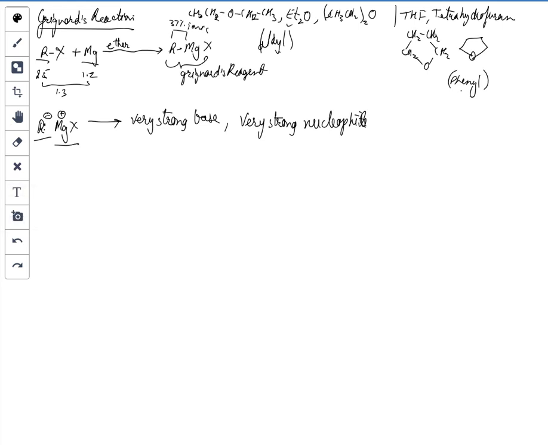Grignard reagent is a very strong nucleophile. It is going to react with anything where the nucleophile can attack, where the base can attack. But of course, it cannot act as an electrophile. Is it clear? Fine. So we are now going to talk about the reactions of Grignard reagent.